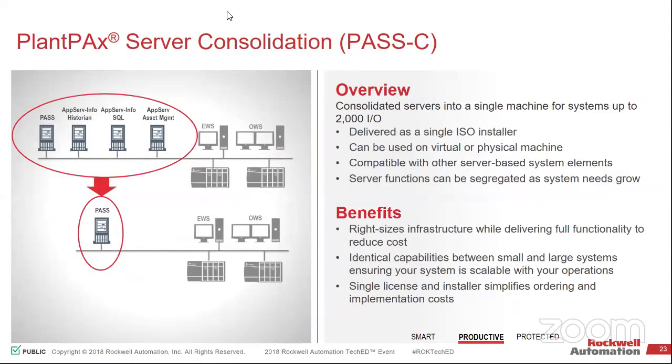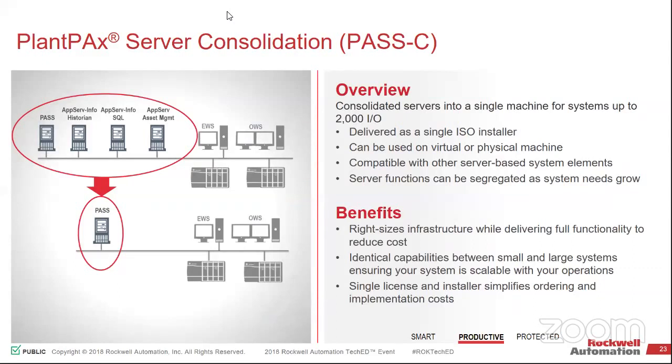Now, Rockwell has also consolidated a server, and we had to do some research on this today because while we were discussing yesterday, we didn't really discuss what actually the product is. So there is going to be a PASC. There is no part number for it, but basically it's going to put together the visualization, the historian, the SQL, and the asset management all onto, we're assuming, an ISO image.